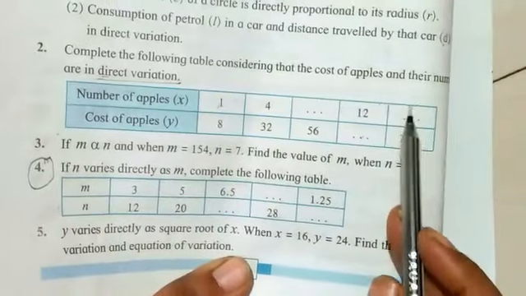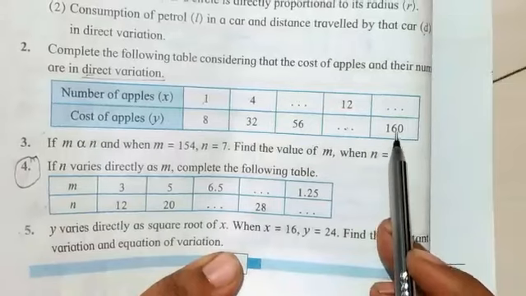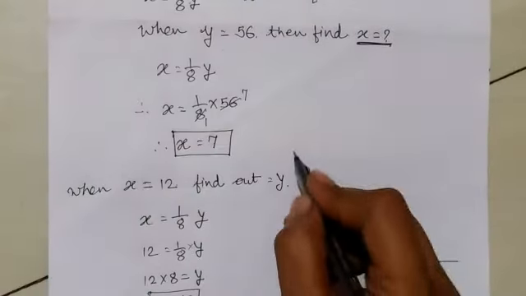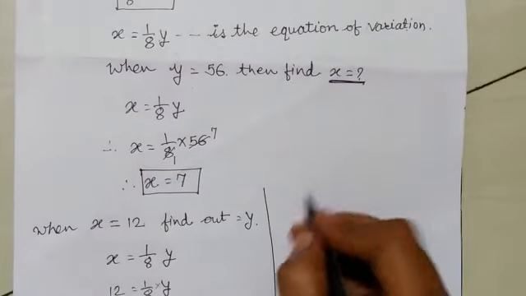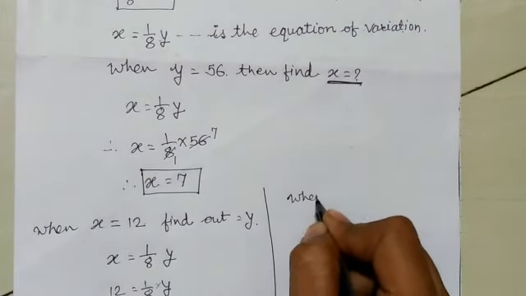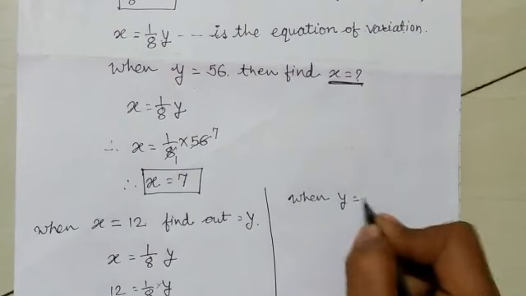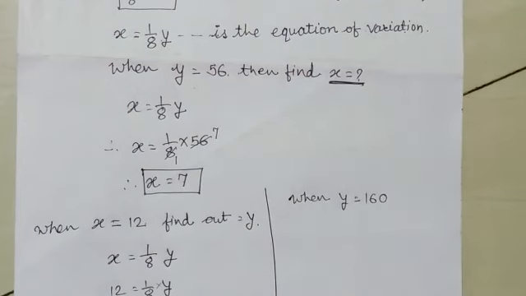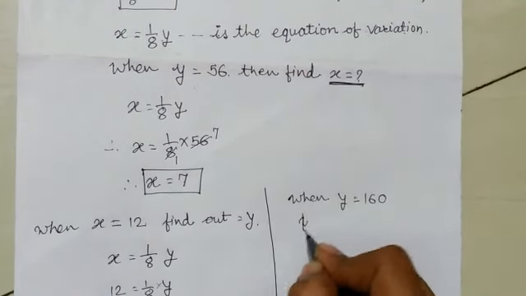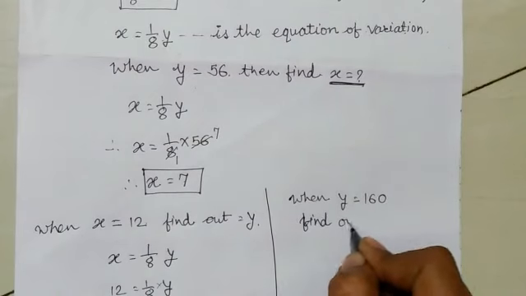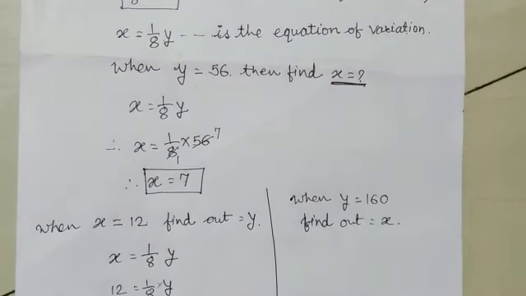Now let's go with our third fill in the blanks, where we have to find the number of apples. I am writing here only. When y is equal to 160 rupees, we have to find out x.